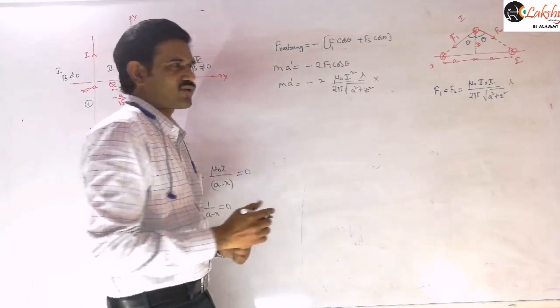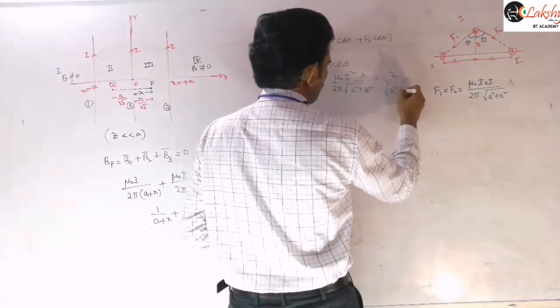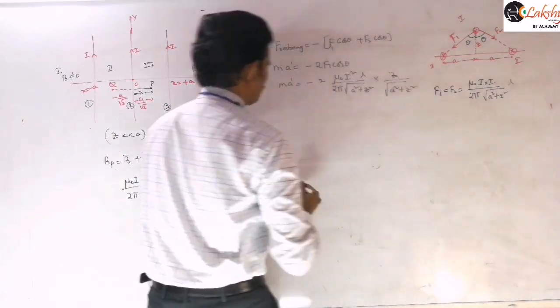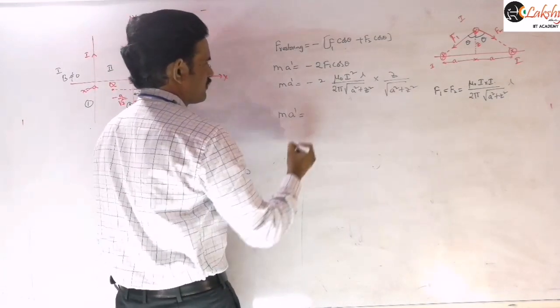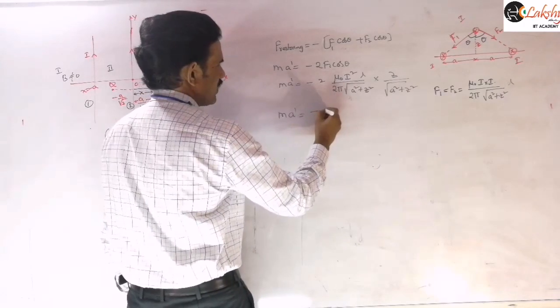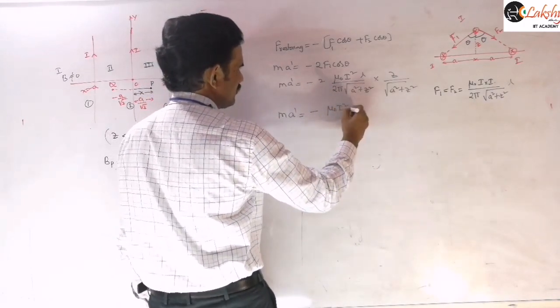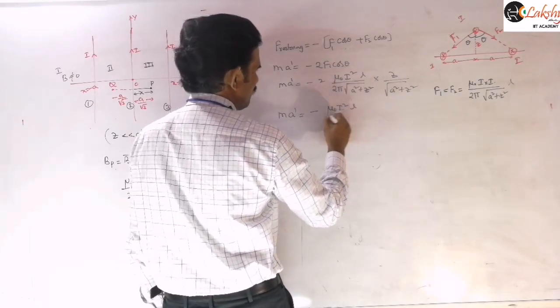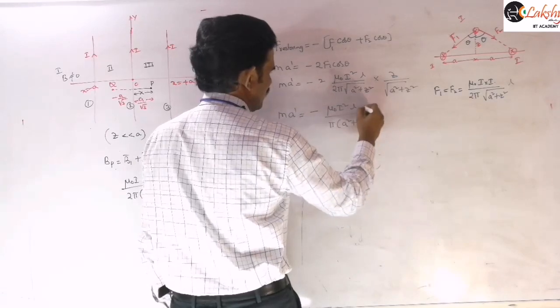Now the cos theta term is nothing but Z by under root of A square plus Z square. Therefore MA dash is equal to minus, this 2 you can cancel, so mu naught I square into L by pi into A square plus Z square into Z.